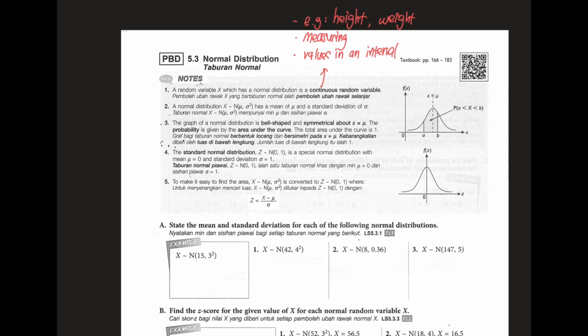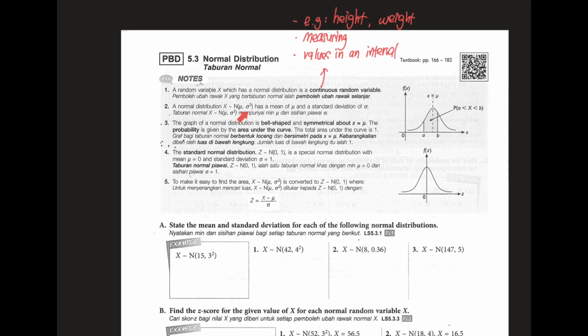Now we see more information on normal distribution. How do we write it? We write x first to represent the variable of the normal distribution, followed by a wave, followed by N, bracket, followed by mu, which is the mean, and followed by sigma squared. Sigma squared is variance.